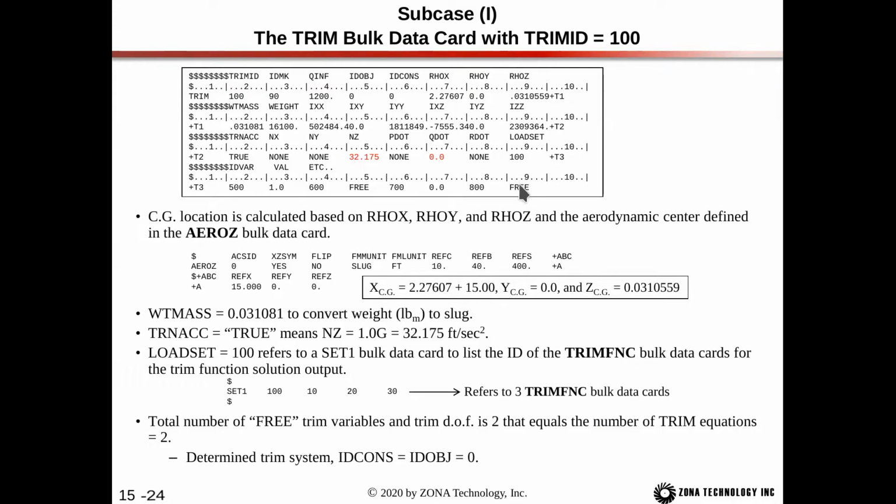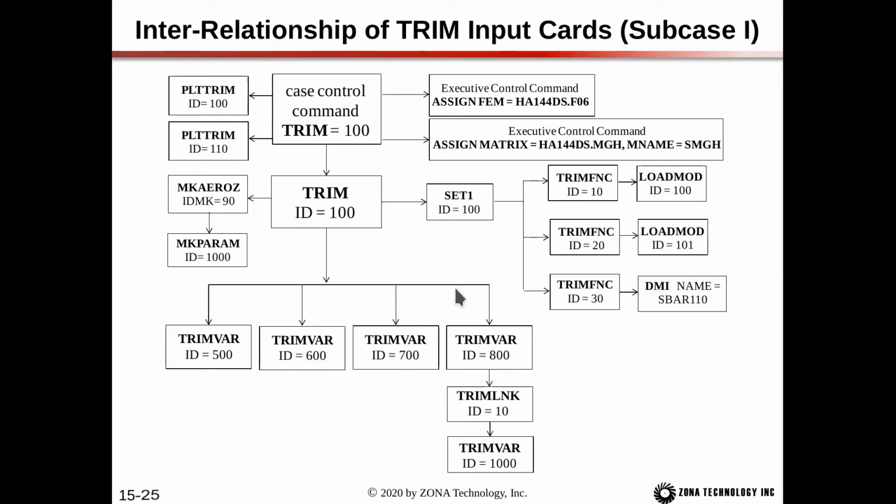And alpha is free. So this is the interrelationship of the trim cards for this subcase. So we have the trim referring to our trim var cards. The trim var 800 refers to the trim link, which refers to the trim var 1000. So remember, we're scheduling the trailing edge flap based on alpha.